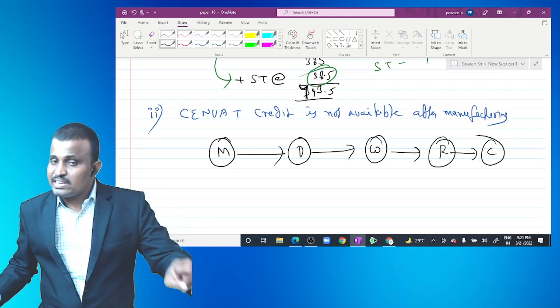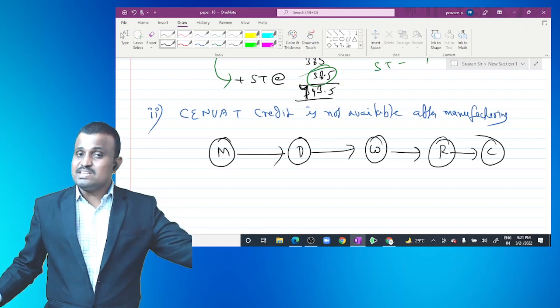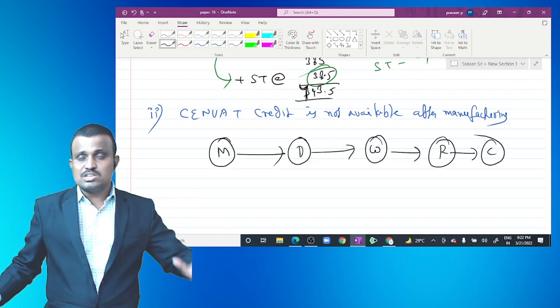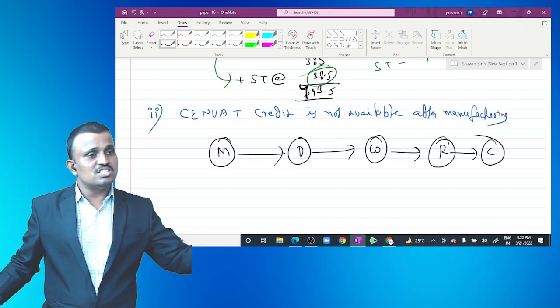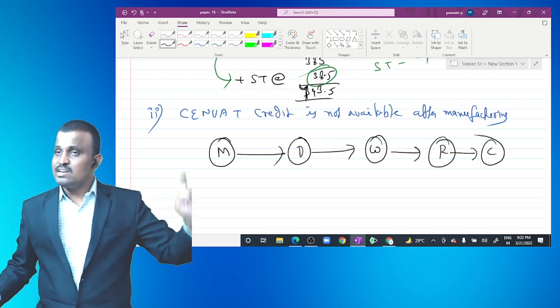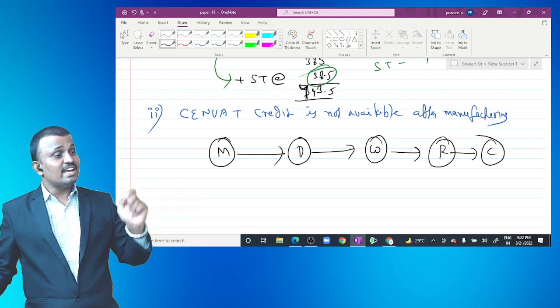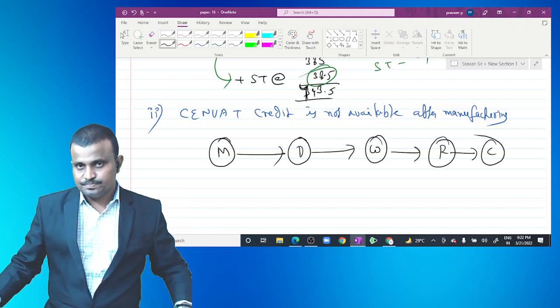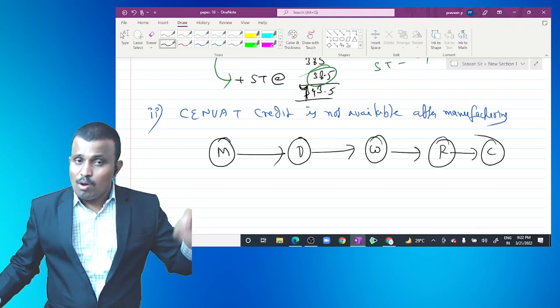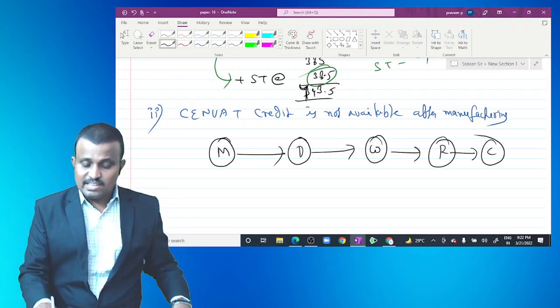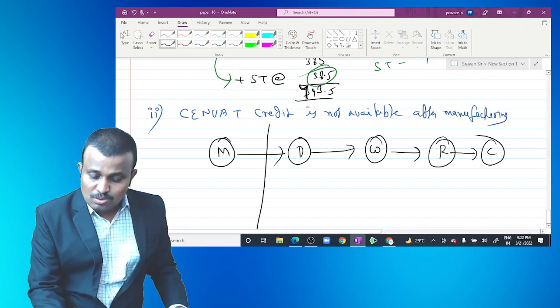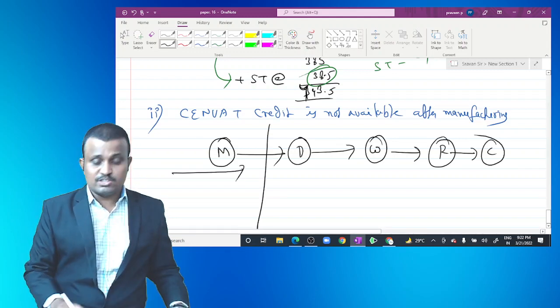So for eliminating the cascading effect, previously one concept was introduced. In case of manufacturing and service, we call it SENVAT. In case of VAT, we call it input tax credit. But the problem is, if you observe the trade cycle, SENVAT credit applies only to the extent of the manufacturer.